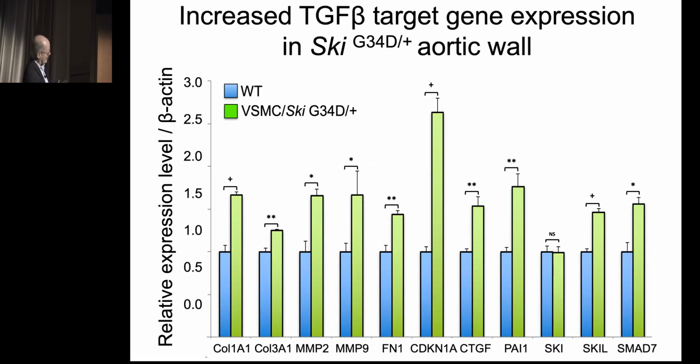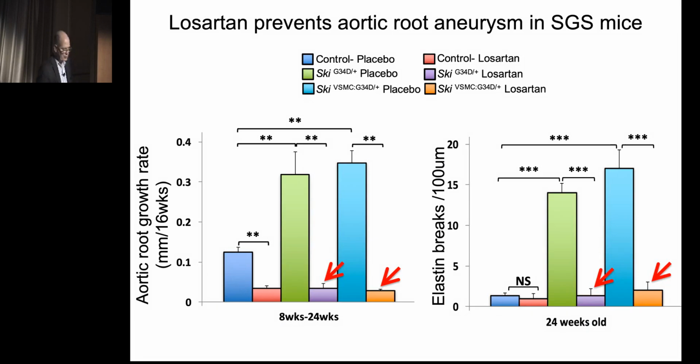We found that, as expected, all the TGF-beta target genes that we looked at in the Shprintzen-Goldberg model show excessive expression. You've lost a repressor of target gene expression. We can show that Shprintzen-Goldberg mice are remarkably receptive to treatment with losartan, with complete suppression of abnormal aortic growth and also preservation of aortic wall architecture.